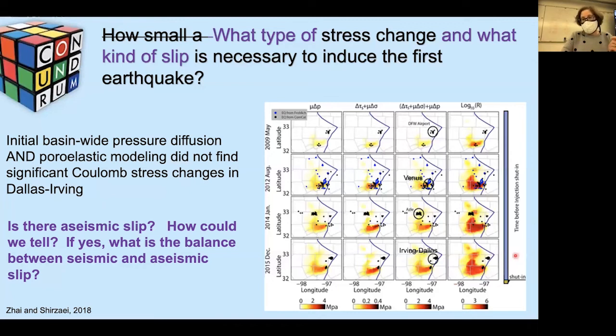So you kind of get a hint at what's going on from this nice work done by Zhai and Shirzaei in 2018. They misnamed the earthquake sequences, which kind of annoyed me, but you can see even back then, this is just cumulative, this log R, right? So here you have mu delta P, right?